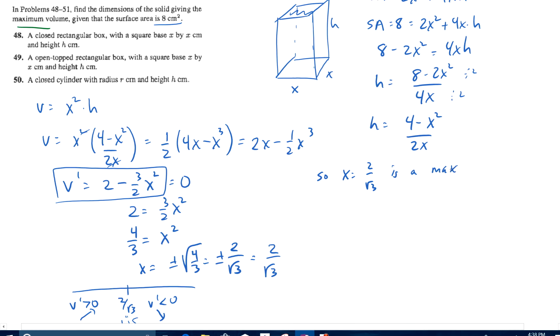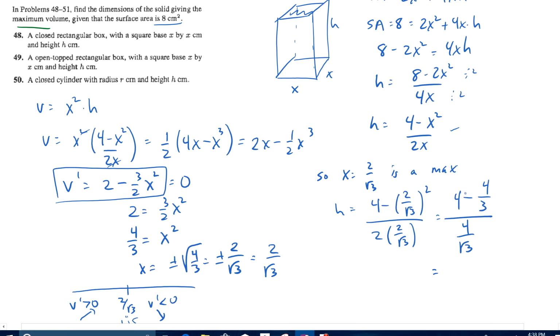It said find the dimensions, so now I've got to figure out what h is. According to this formula right here, h must be 4 minus 2 over square root of 3 squared, all over 2 times 2 over square root of 3. So that gives me 4 minus 4/3 over 4 over the square root of 3.